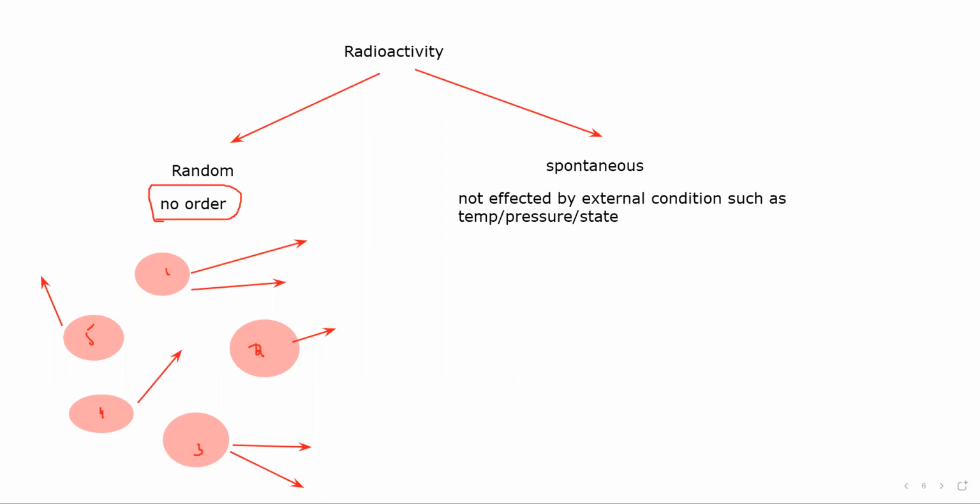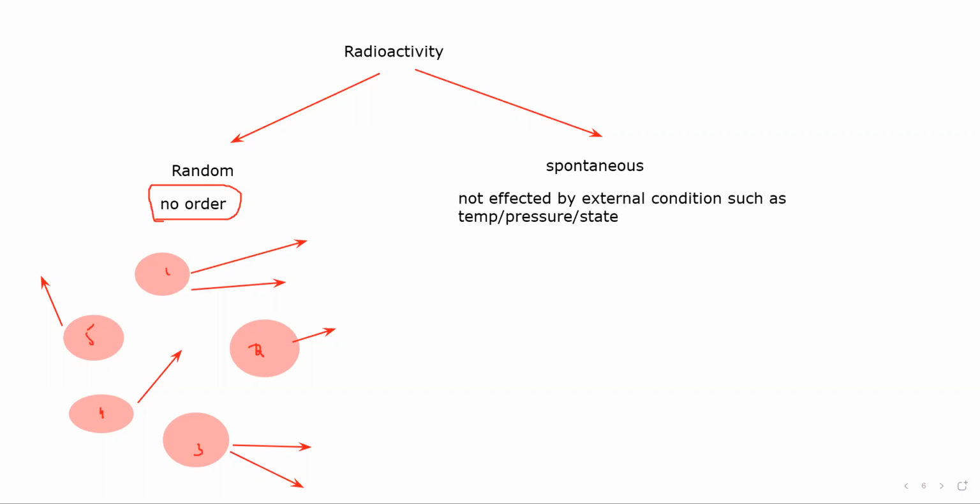In that case, what we are considering is that all of them are identical. If all of them are radioactive and they have an identical number of protons and neutrons, then we cannot predict the order. If, for example, one is polonium, 2 is plutonium, 3 is radon, 4 is thorium, 5 is uranium, so if different elements are there, then it depends on which is more radioactive.